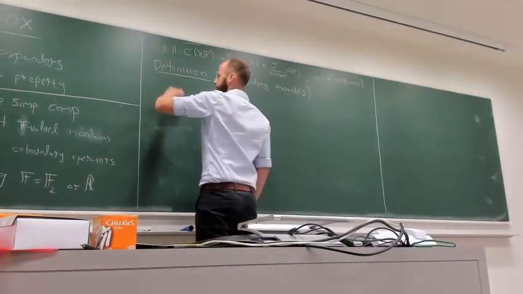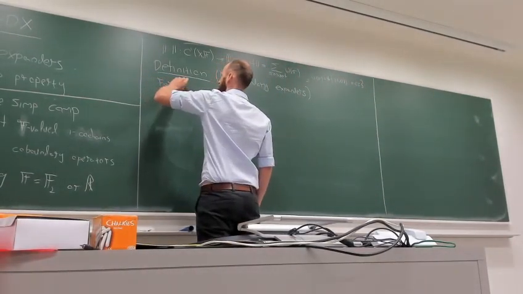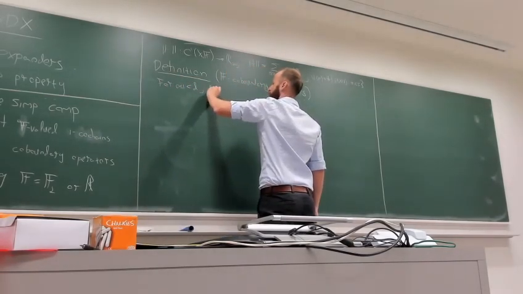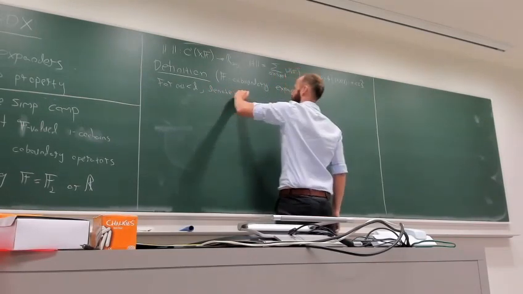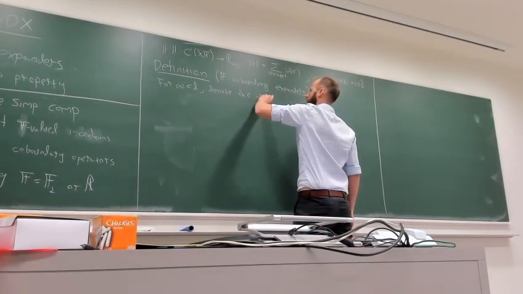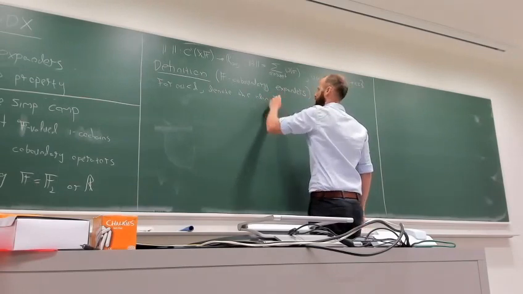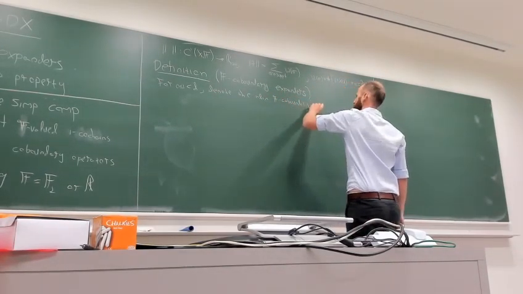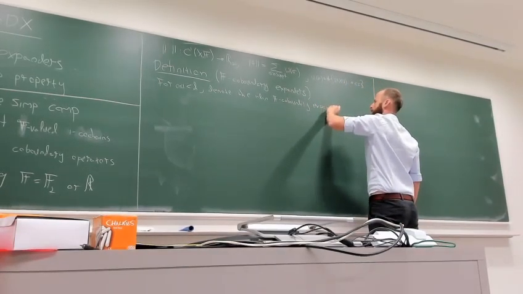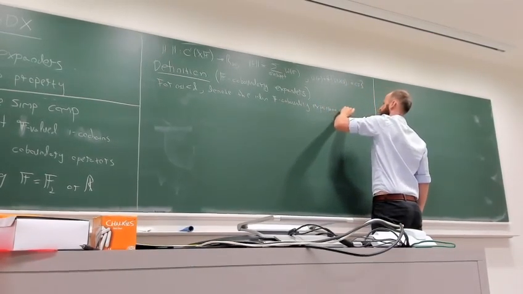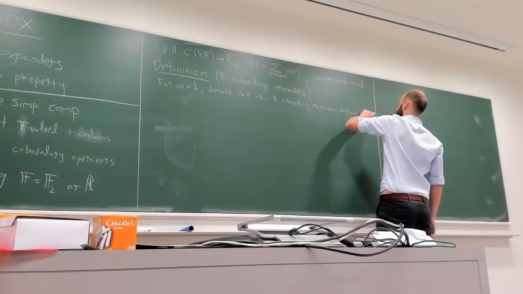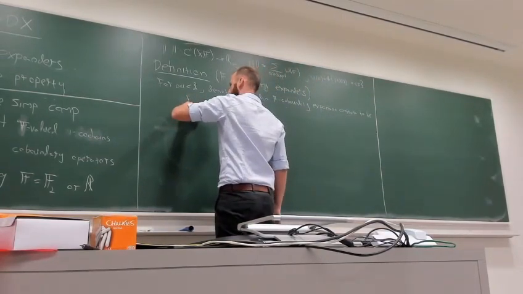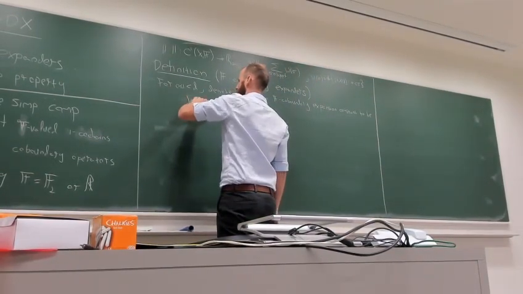For i smaller than d, theta greater or equal than 0, denote the i-dimensional F coboundary expansion constant to be, I'll denote it by h, and I'll put a little b here for reasons to be clear shortly.